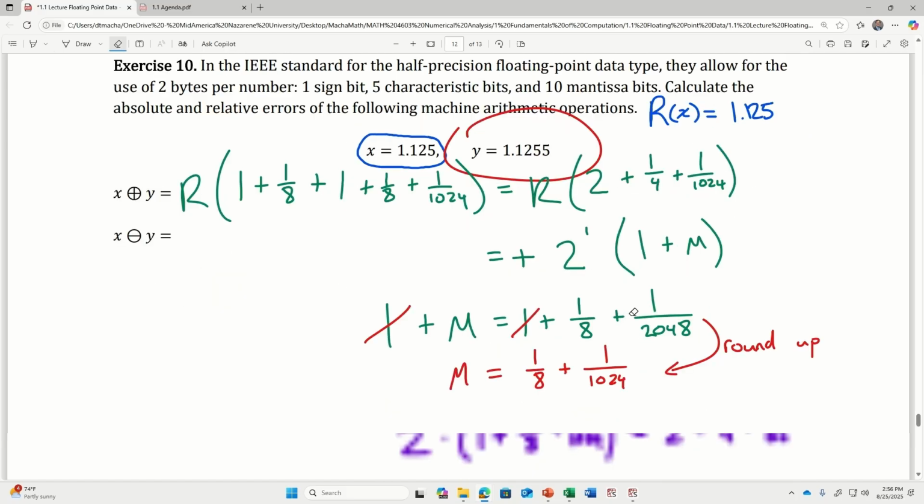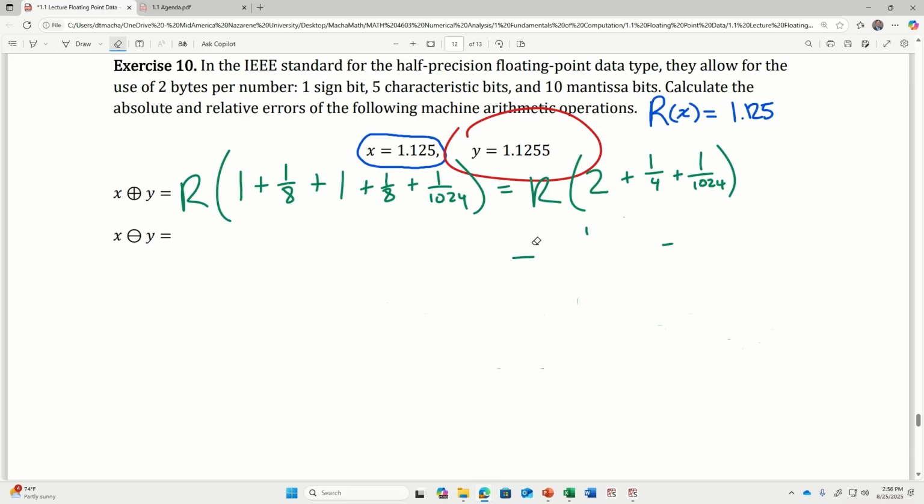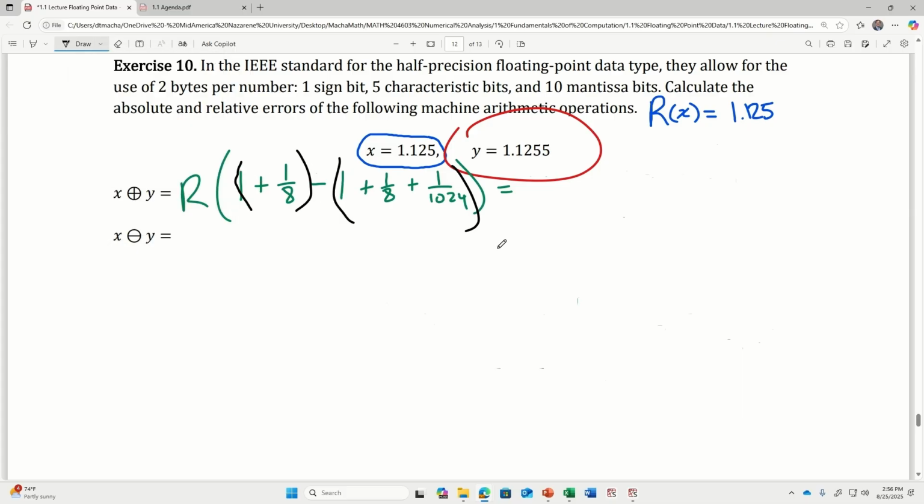And now I'm going to subtract those two numbers as they are represented in the machine. And when I subtract those two numbers, I'm going to get the number 1 plus 1/8 minus 1 plus 1/8 plus 1 over 1024.